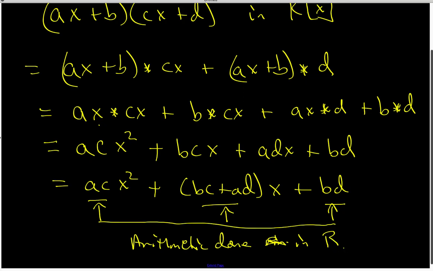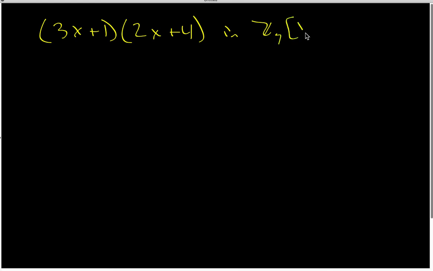So again, as a quick example, if I have 3x plus 1 times 2x plus 4 in Z7 square bracket x, that's going to be 6x squared plus 2x plus 3 times 4 is 12x, and then we get a 4.